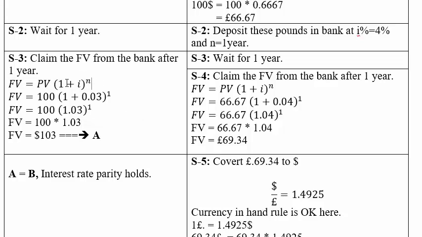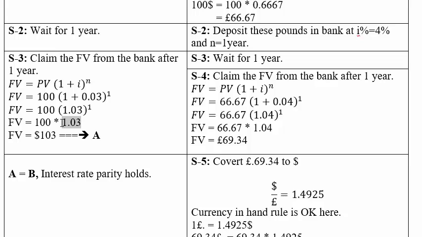To calculate that, we use the simple future value formula: future value is equal to present value times (1 plus interest rate) to the power n. The money deposited was $100, the interest rate was 3%, and the number of years is 1. So 1 plus 0.03 becomes 1.03.